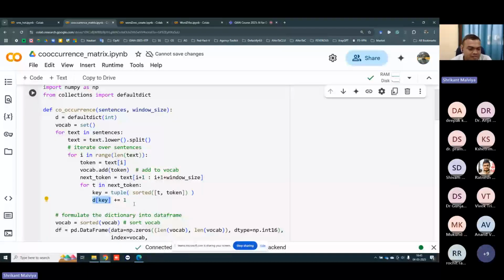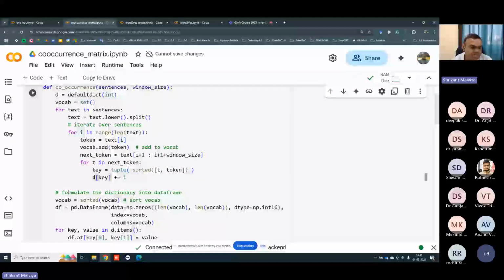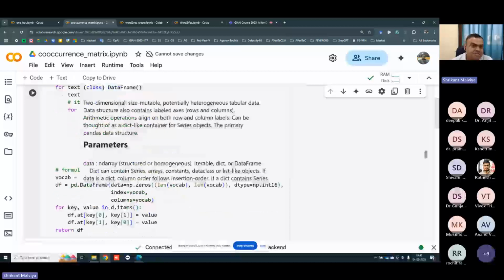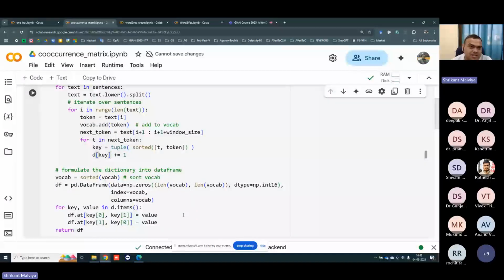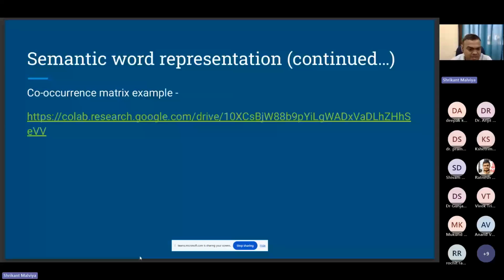When we have the counts of all the pairs of words, we'll use the Pandas library, which creates the data frame. A data frame is nothing but a tabular representation of the data. So it will create the same co-occurrence matrix as we have seen here, n cross n.